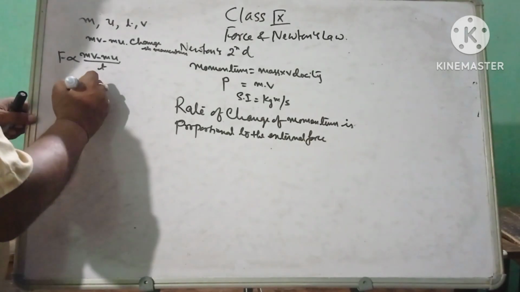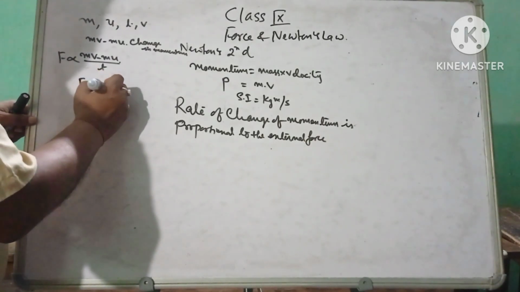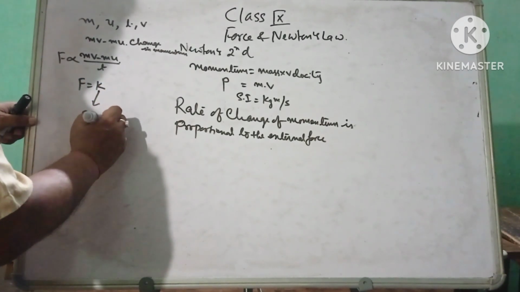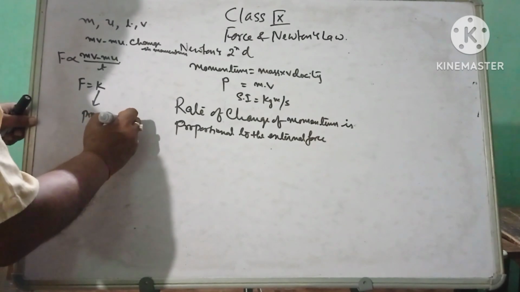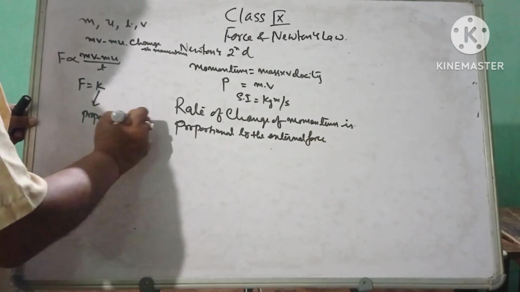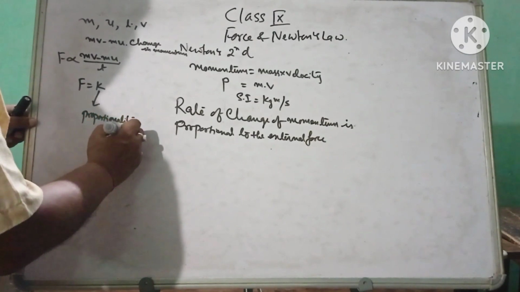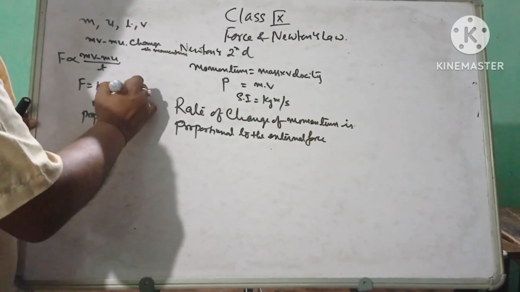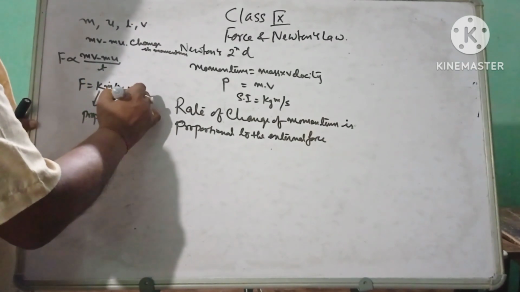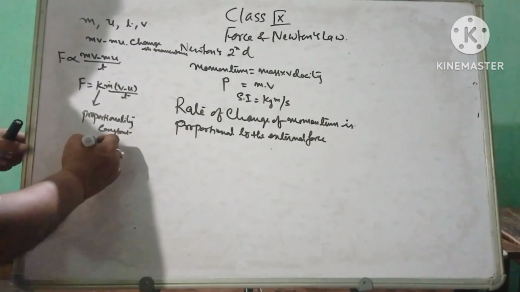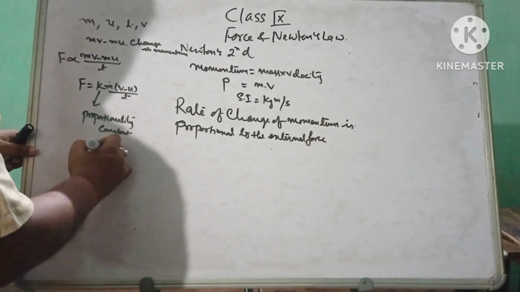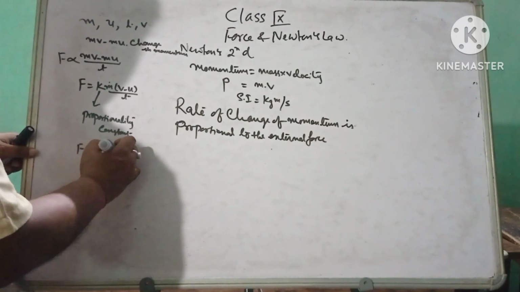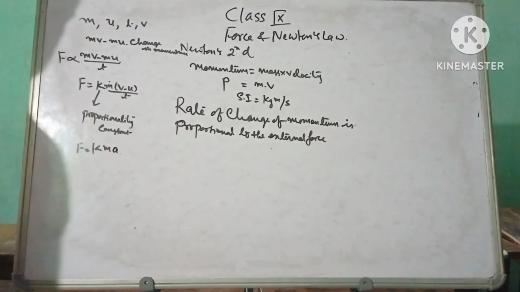So from here, F is equal to some constant k, which is called the proportionality constant. That is, F equals km(v minus u) by t, and you know that (v minus u) by t is acceleration.